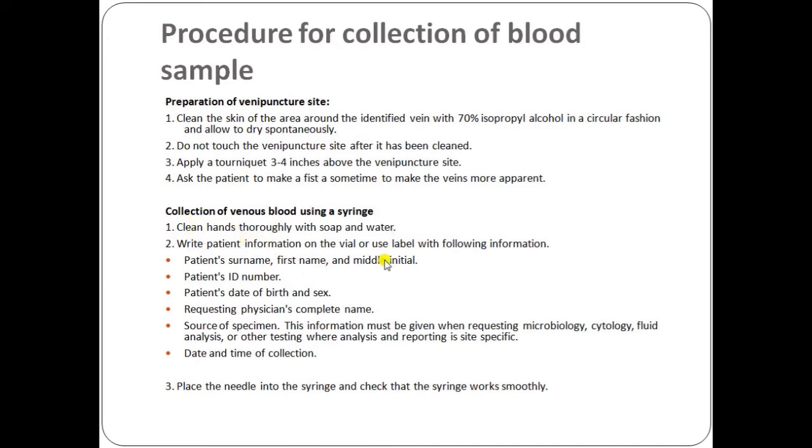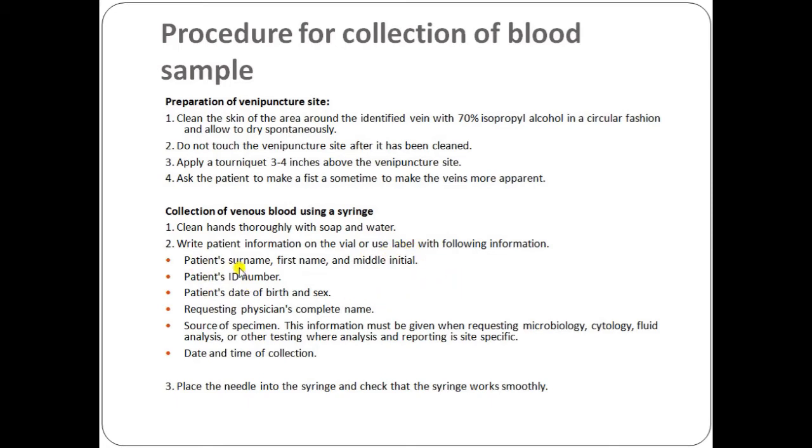Next is collection of venous blood using a syringe. For collection of blood, first we should clean our hands properly with soap and water. Then take the patient information. The information can be directly written on the vial, or a label can be used.